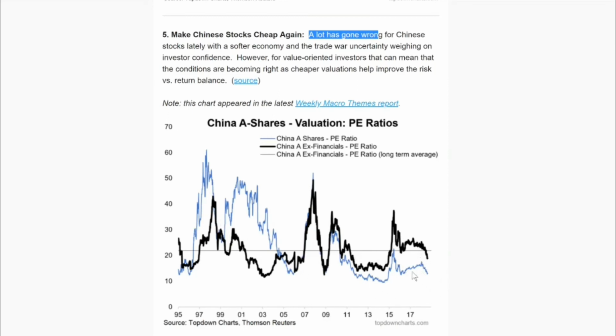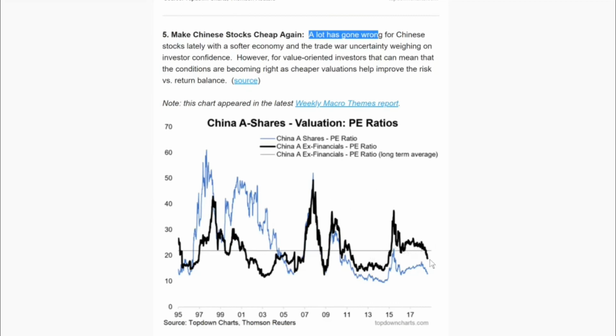It gives you a reading which is arguably cheaper than the blue line, so it's a good way of getting a truer sense of the valuation picture for Chinese equities. That faint grey-black line there is the long-term average for the China A shares ex-financials PE ratio.